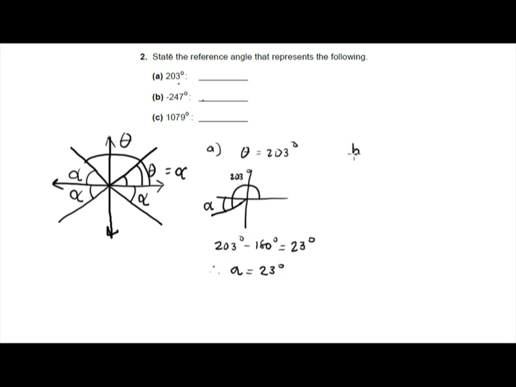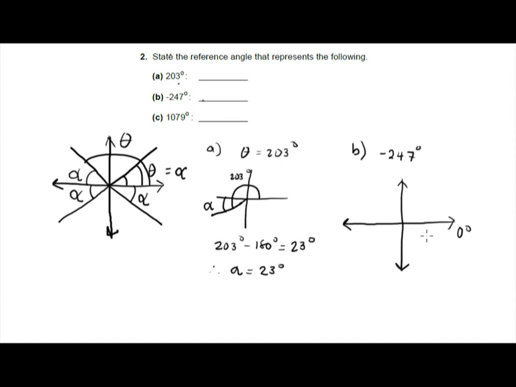Okay? In letter B, it is slightly different. You are given a negative angle. So don't be confused if you are given a negative angle. It just simply means that you have to measure the angle in a clockwise direction, but you have to start at the location of 0 degrees.